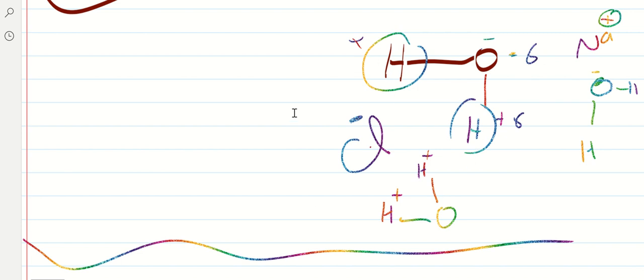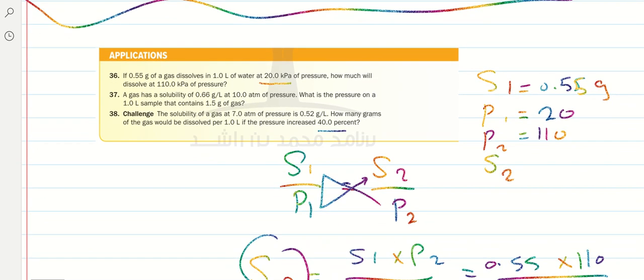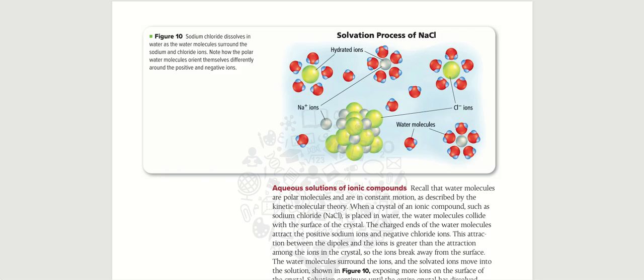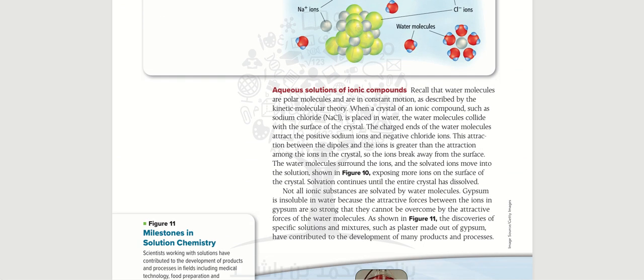That means the hydrogen will be surrounding the chlorine, which is negative. On the other side, the partially negative oxygen will be surrounding the positive sodium, like this. This will make the solute dissolve. This is if it is an ionic compound.